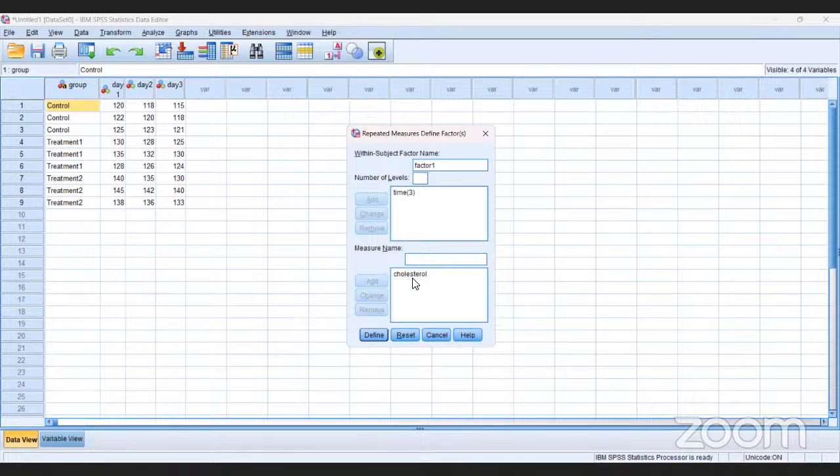This is clear. For example, here you can write down factor. In this factor, here you can write down time. Okay. And here you will write down 3 because you have the 3 periods.